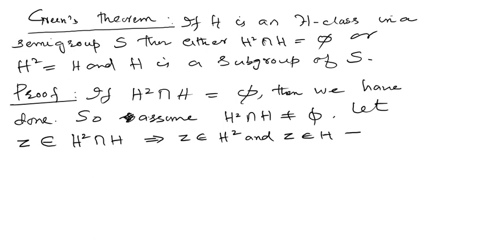So there exist a, b in H such that z is equal to ab. This ab is in H square, but z is also in H.